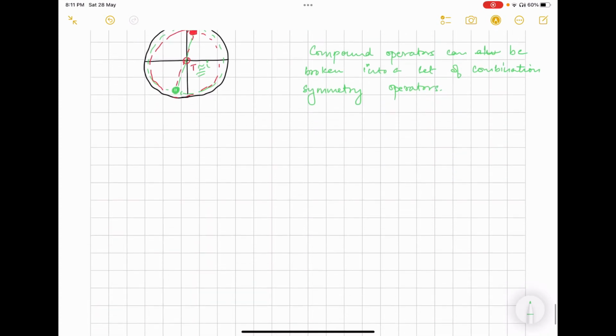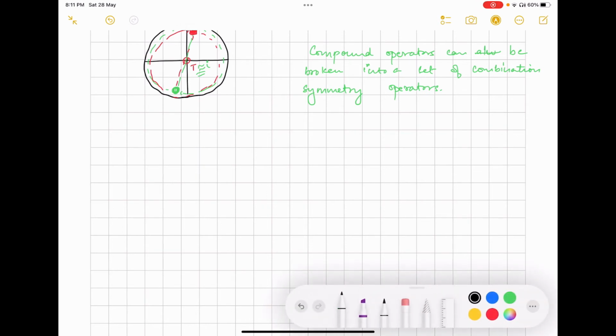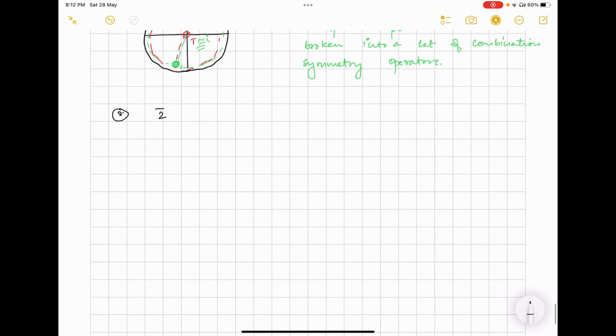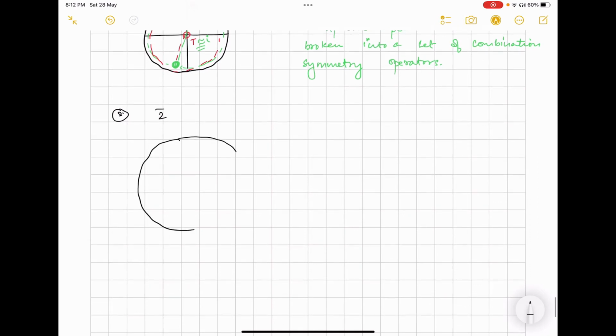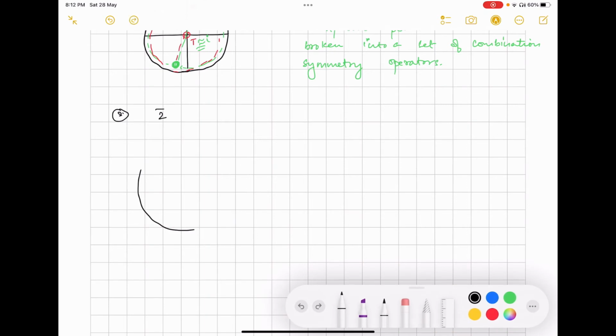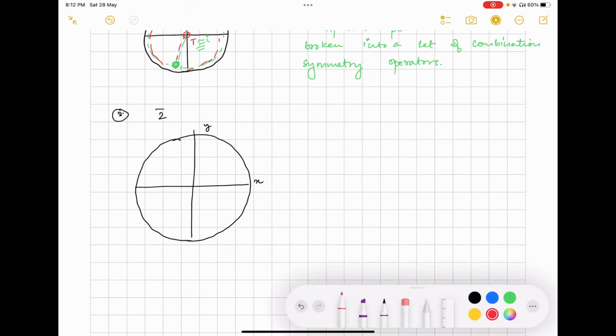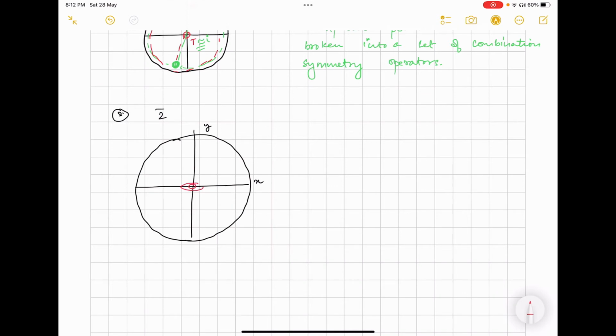Okay. Now let us look at 2 bar. These roto-inversions are represented by a hollow circle in the middle of the rotation symbol.